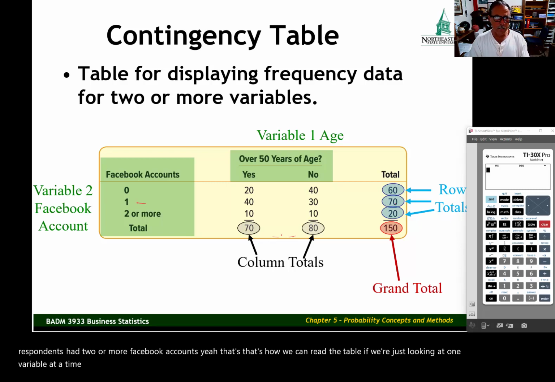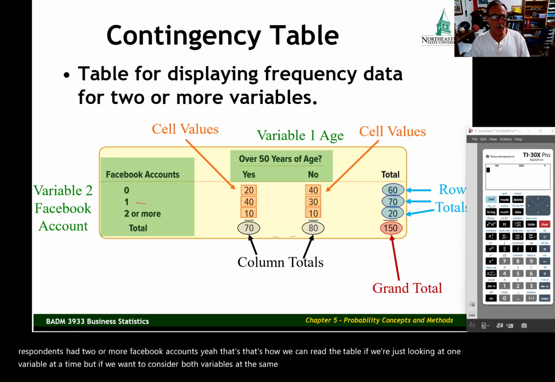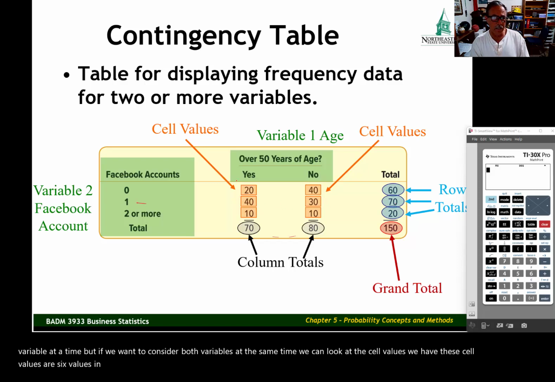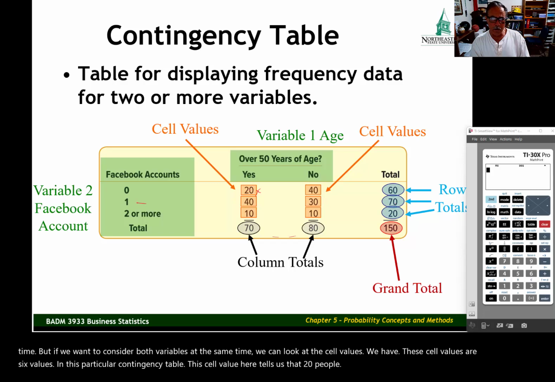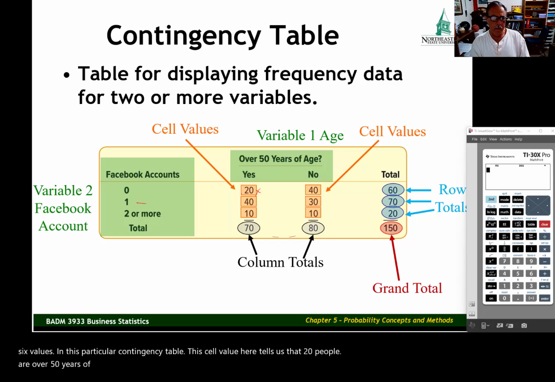But if we want to consider both variables at the same time, we can look at the cell values. There are 6 values in this particular contingency table. This cell value here tells us that 20 people are over 50 years of age and have 0 Facebook accounts.